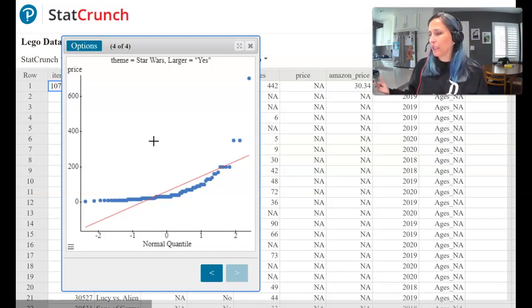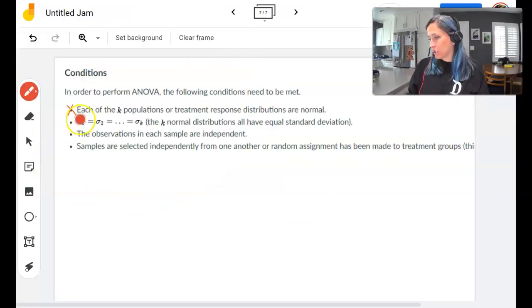We can't say there's a linear relationship or anything like that. What we want to see is whether the points follow that line, and if they do, that means the variable price for this group, which is Star Wars, is roughly normally distributed. And since they don't follow that line, we know that they're not, and we violated that first condition.